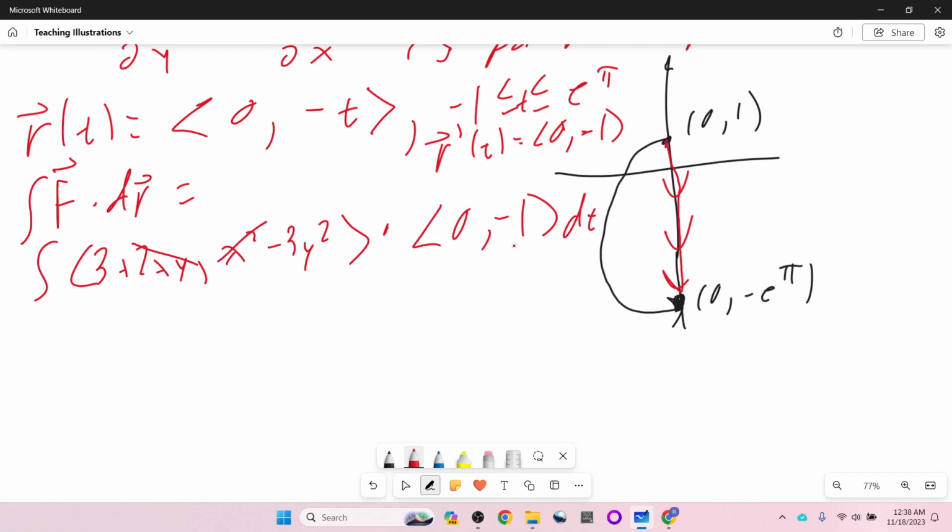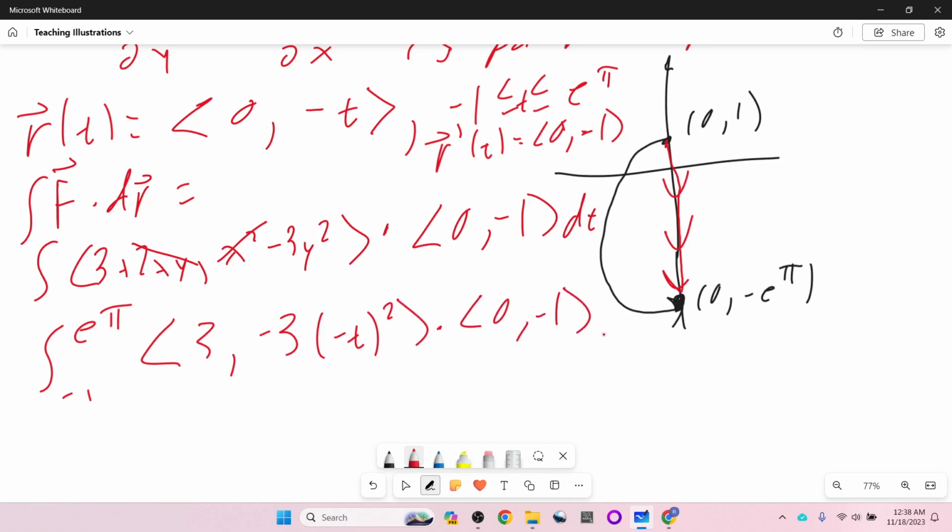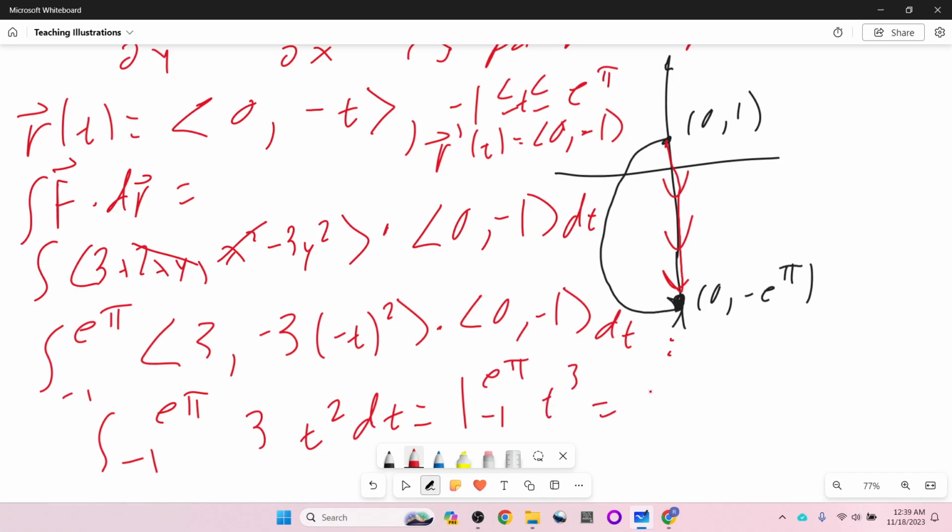This gives us the integral, where t goes from negative 1 to e to the pi, of 3, negative 3t squared dot 0, negative 1 dt, which is the integral from negative 1 to e to the pi of 3t squared dt, which becomes t cubed, which is e to the 3 pi minus 1. So same result.